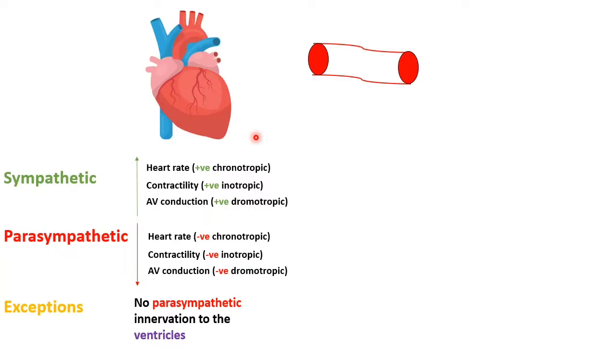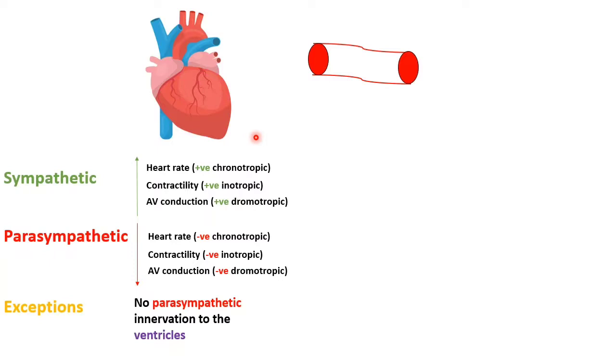Okay, so what would sympathetic do to the blood vessels? When you are in a fight, you need the blood to reach your skeletal muscles. Okay, and you don't need too much blood to GIT, for example, or even your mucous membranes.